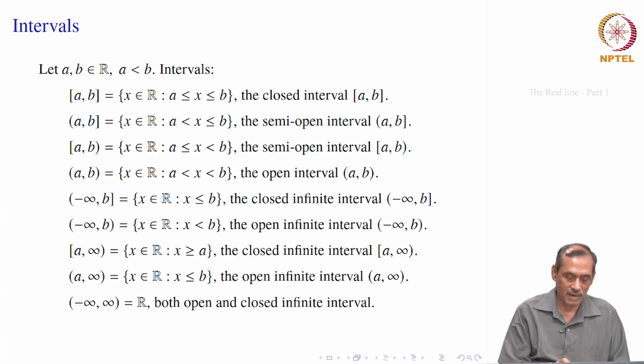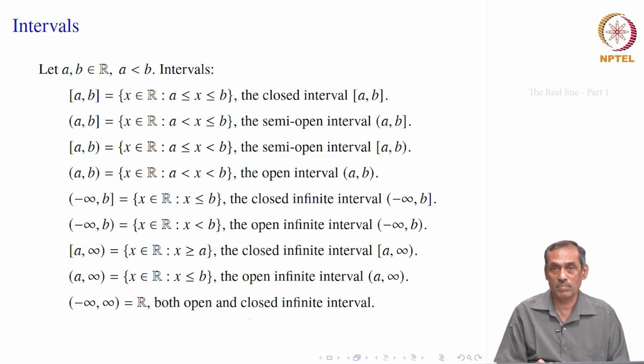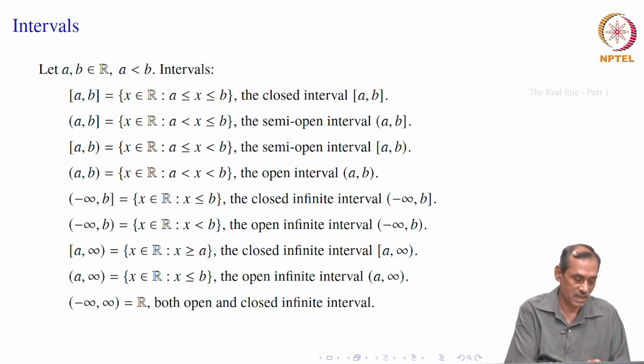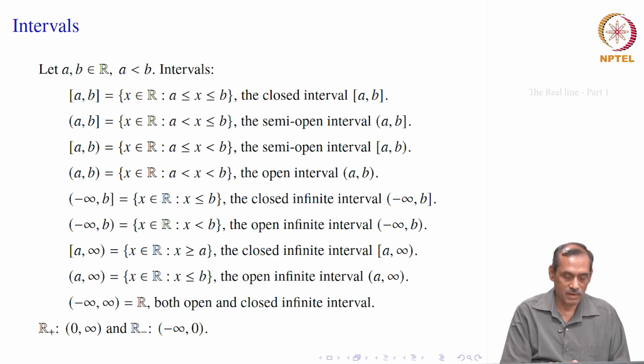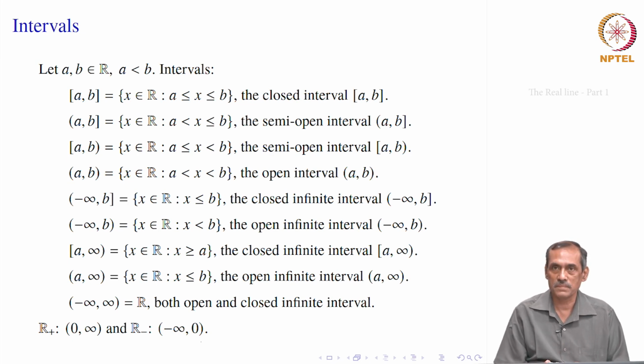And similarly, we can have minus infinity to infinity. So, that means all the real numbers, there is no a specified here. So, this is another notation for R itself. It is considered to be both open and closed infinite interval. Then we have the positive real numbers, which we can now write in this way, because this 0 to infinity both open means all the real numbers bigger than 0, that is exactly R plus or positive numbers.